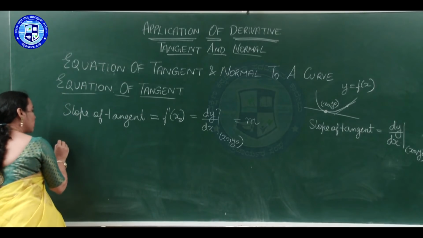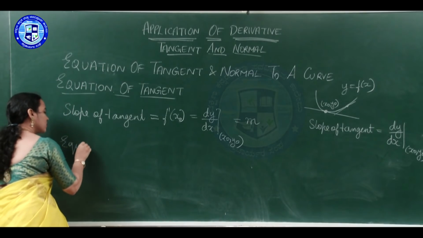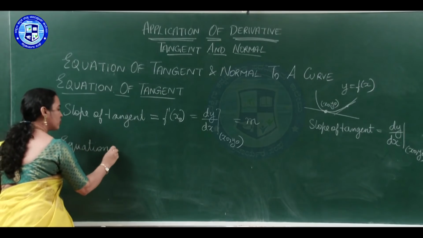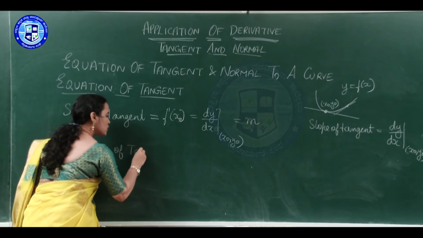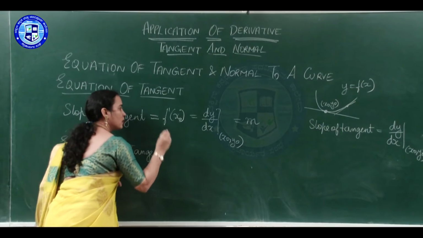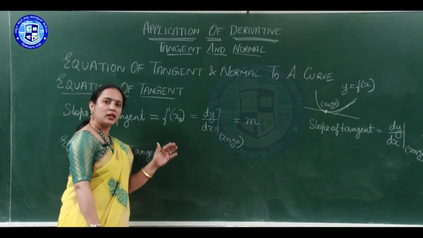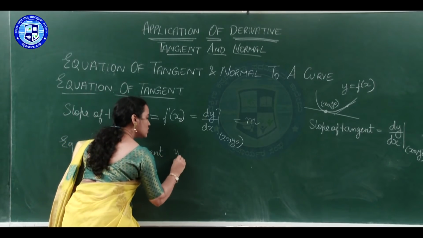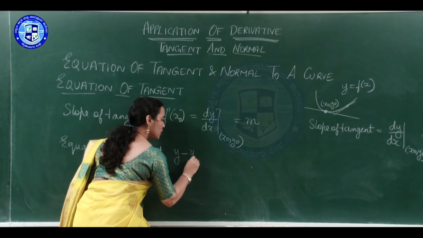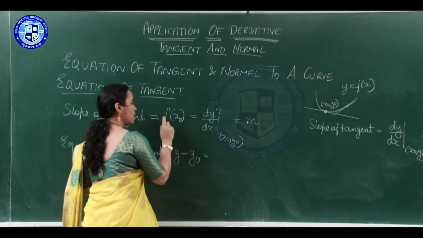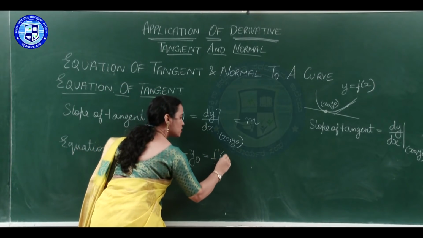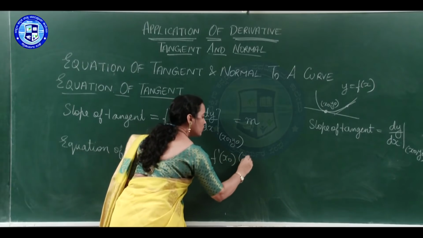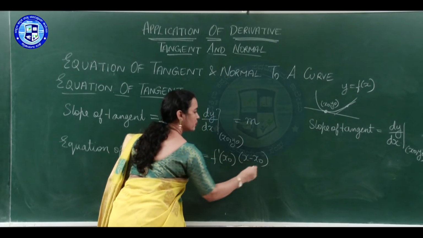Now, to find the equation of the tangent, we already know the formula from straight lines. So, the equation of the tangent is y minus y naught is equal to m into x minus x naught. What is m here? f dash of x naught into x minus x naught.